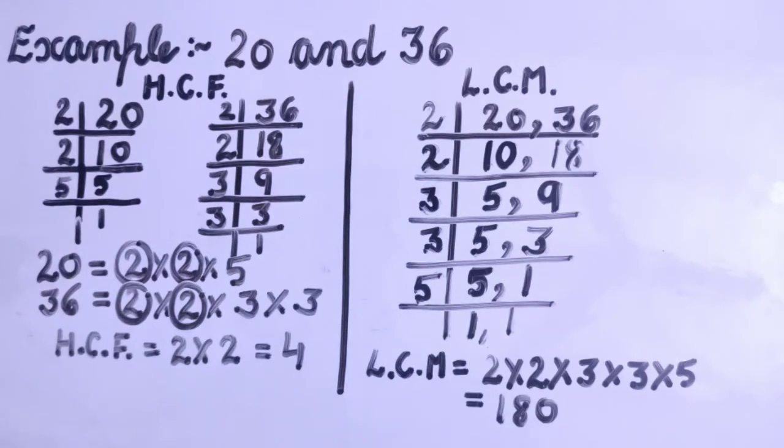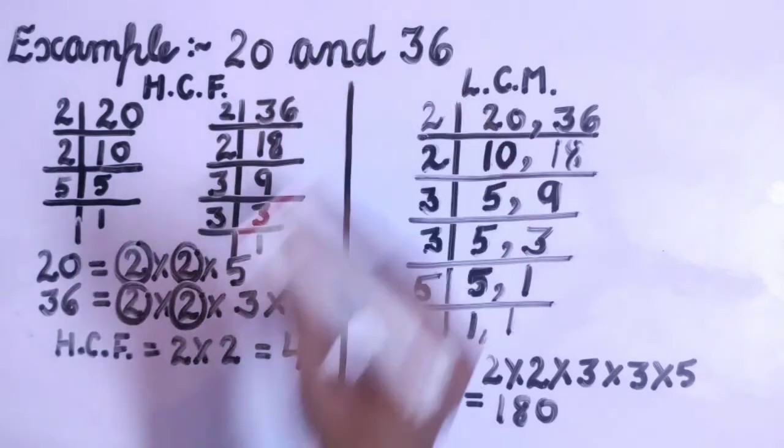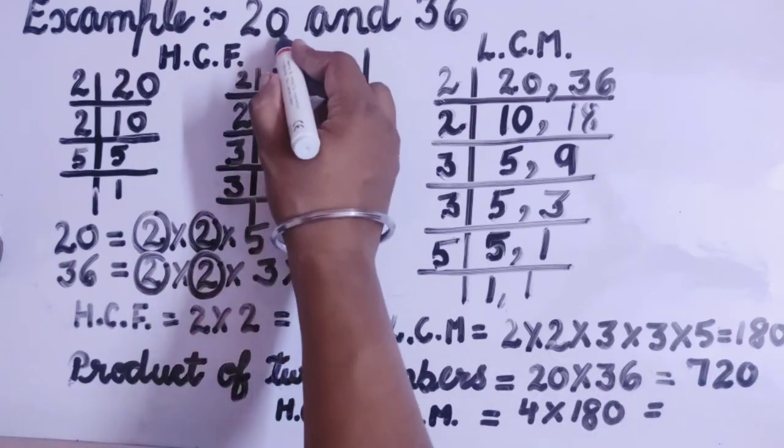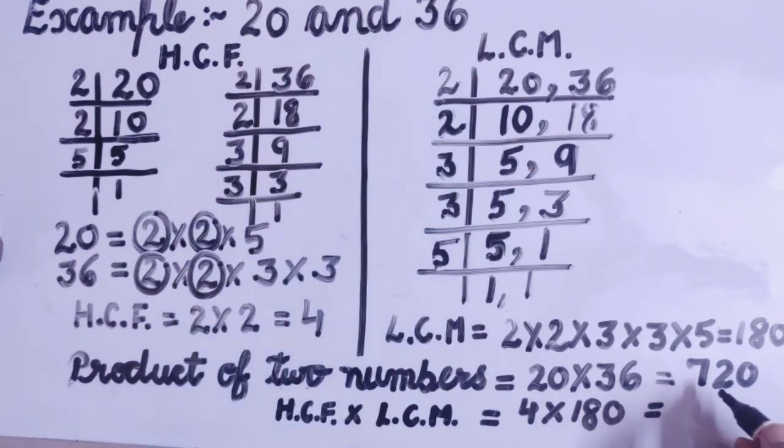What do you mean by the product? Product means multiply. Product of the two numbers will be 720. When we multiply 20 and 36, we get 720.